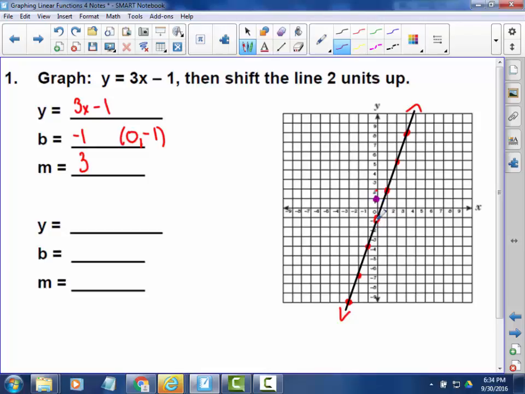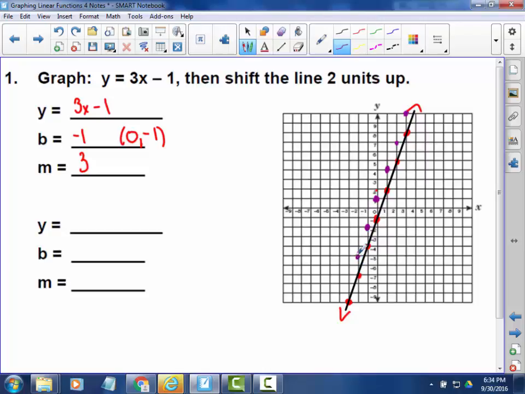If I take the whole line 2 units up, then this first point goes 2 units up, and the next points each go 2 units up as well, and down this way from here, 2 units up.